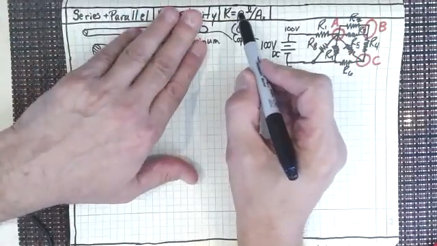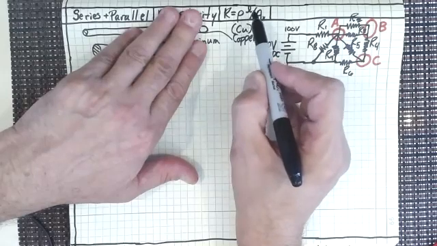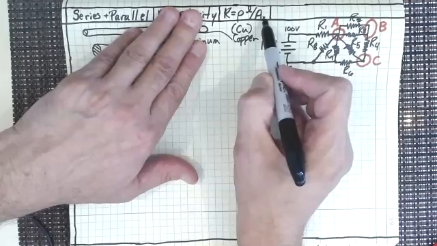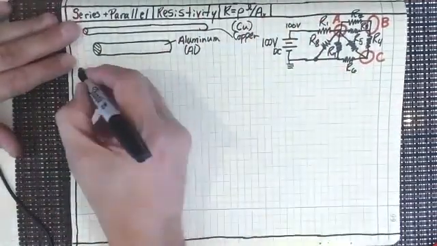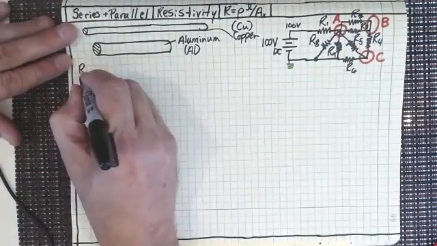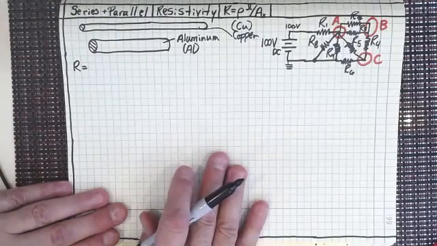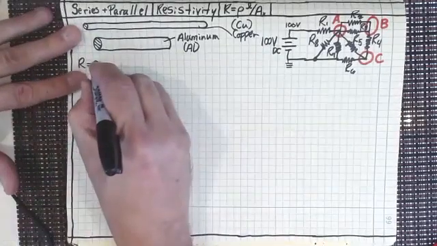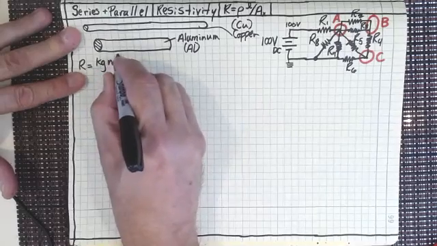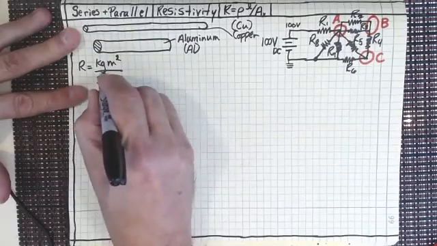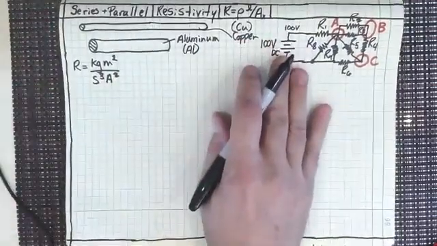Resistance equals resistivity times length divided by cross-sectional area. Now, we know a couple things about resistance as far as the unit for resistance goes, right, in the SI system. And we know from our earlier discussion that that's a kilogram meter squared over seconds cubed amp squared, right? So we know that.